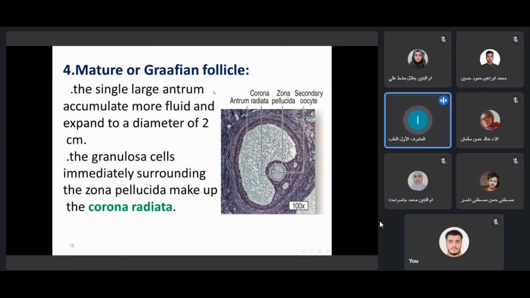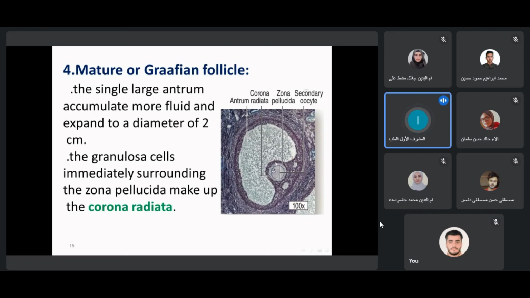And all the other developing follicles, including primary and secondary follicles, will undergo a process of atresia, which is degeneration. The mature or Graafian follicle is the largest here and contains more fluid.